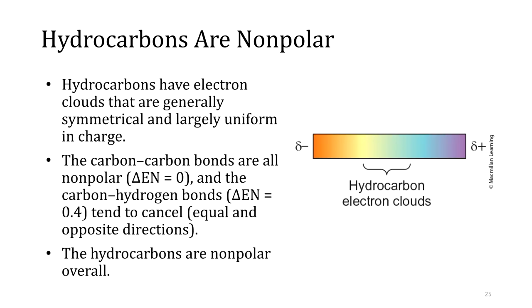There's a 0.4 electronegativity difference for each of the bonds, so that they're slightly polar, with the hydrogens being slightly positive and the carbon being slightly negative. But they're pointing at the four corners of a tetrahedron, and so they all cancel out. And so overall, methane is not polar.